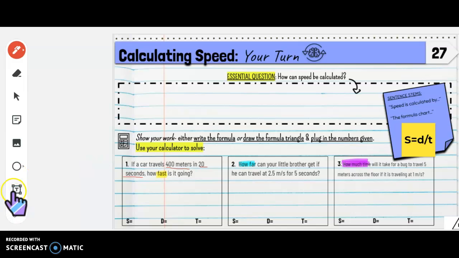it going? So looking at what is given, 400 meters tells us a distance because the units meters means it's a distance. 20 seconds tells us a time. So I know in this problem I am finding speed, how fast it is going.